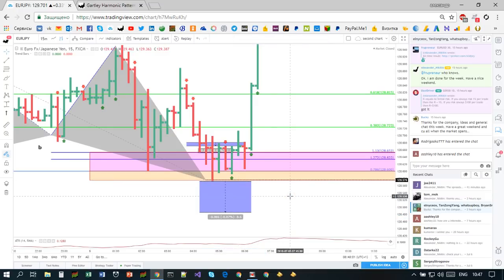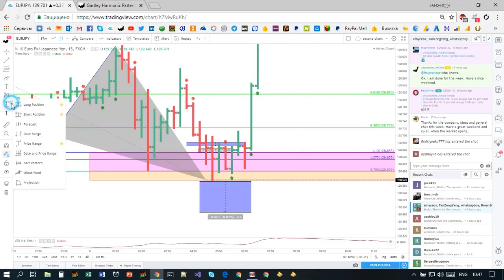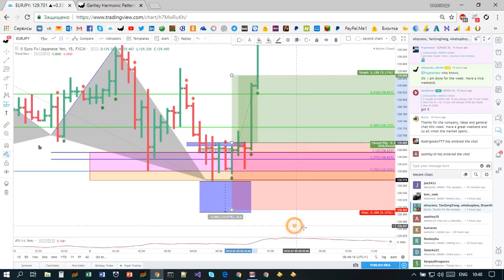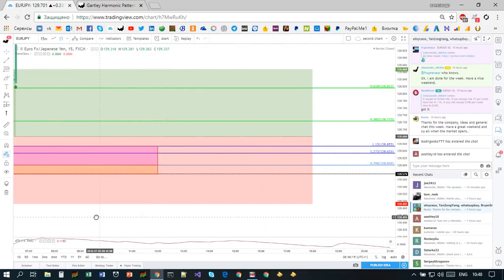Where should your target go? It should go to 618. Let me draw it. Long position. We execute 1 pip higher. That's why we draw it here, like this. Then let's go here.